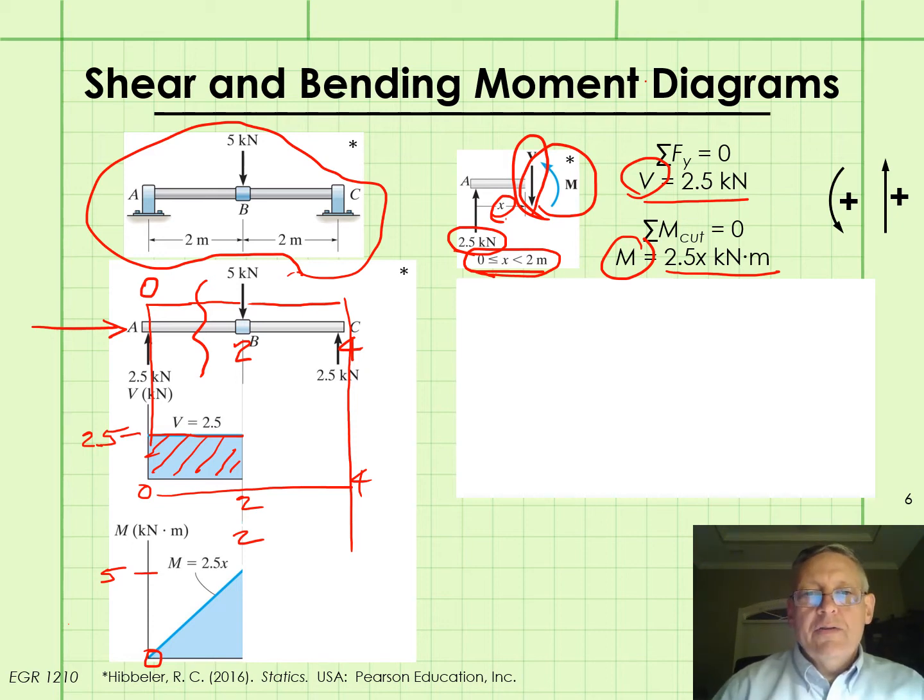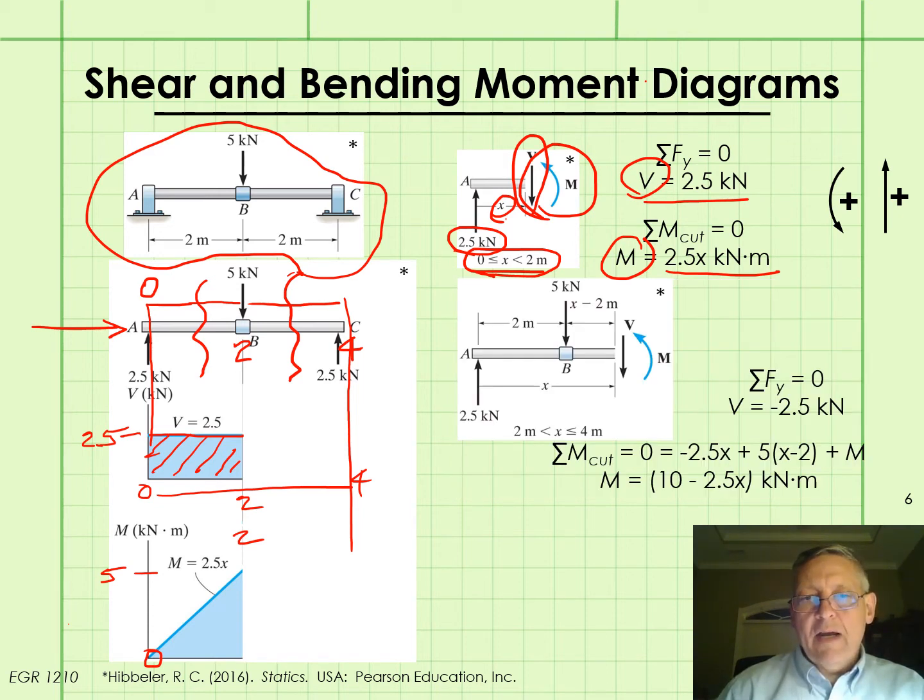Okay, so we have to now take a cut in this portion of the beam between x equals 2 and x equals 4.